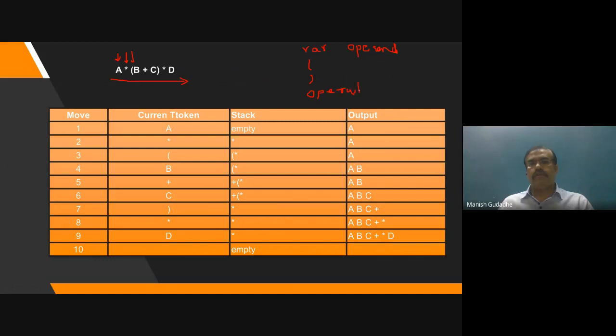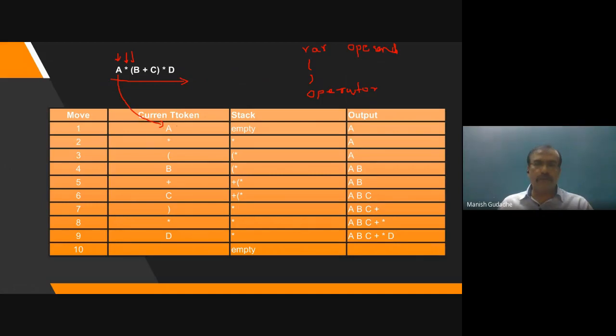It is easy for us. If it is an operand, then there is no question. It needs to be directly put. So let us scan this expression one by one. In the first position, I am scanning and I am getting A. What is A? It is not an operator, not a parenthesis. It's a variable, it is an operand.